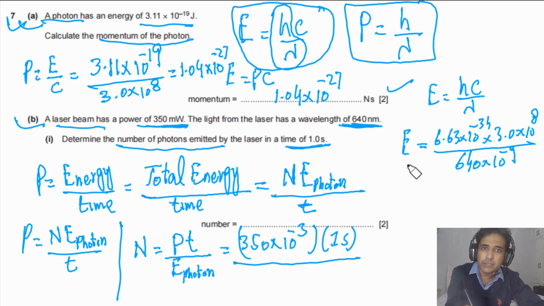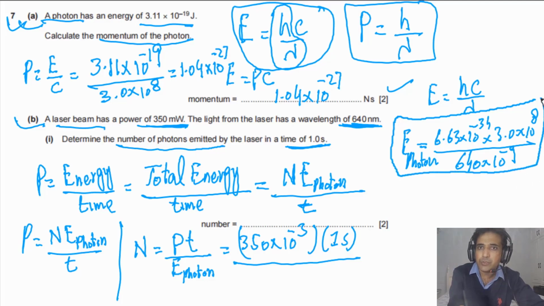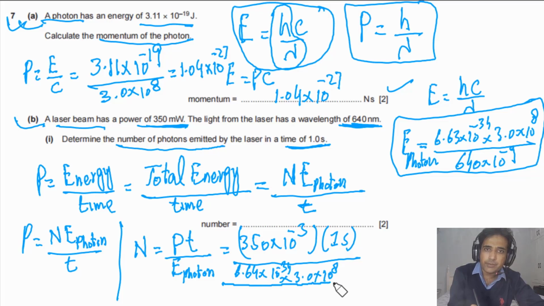So this is the energy of the photon, and this value we need to plug in here now. So you can copy these values here, 6.63 times 10 to minus 34 multiplied by 3.0 times 10 to 8, divided by 640 times 10 to minus 9.